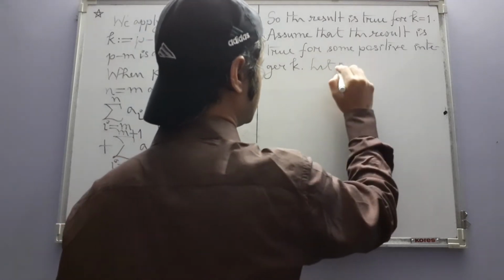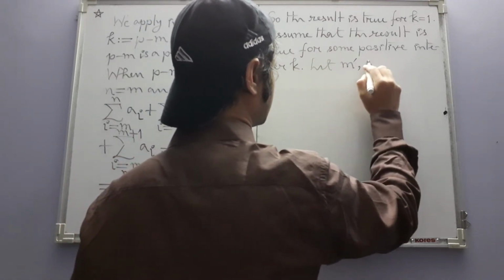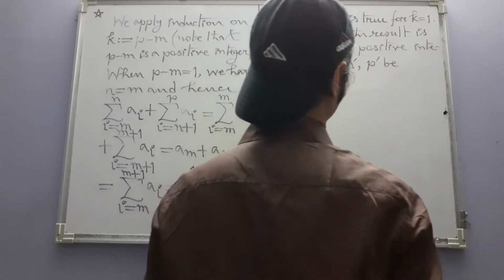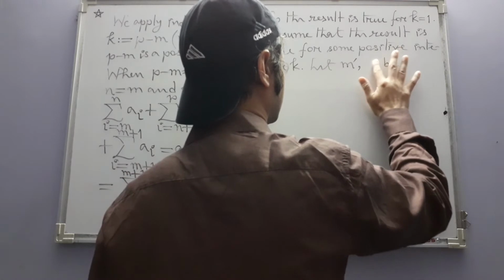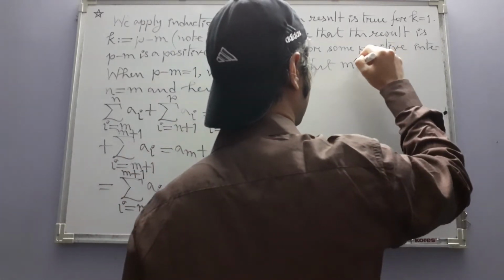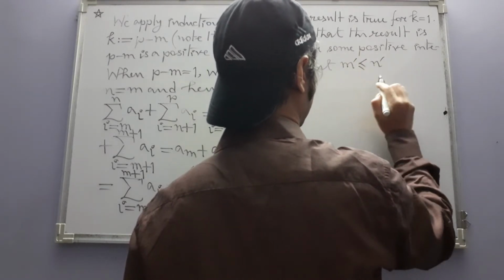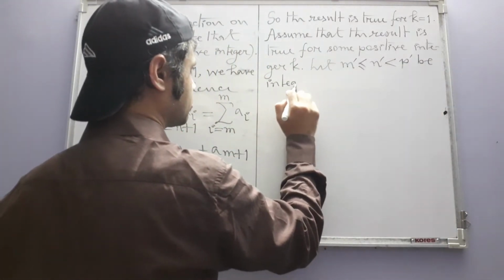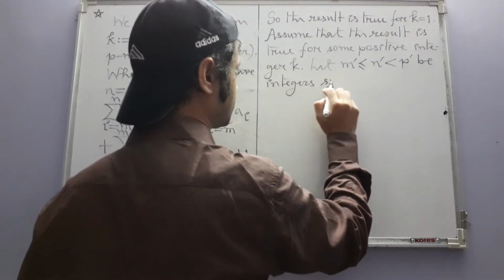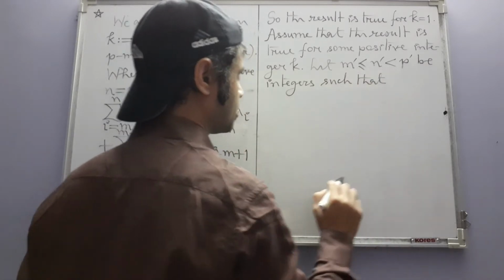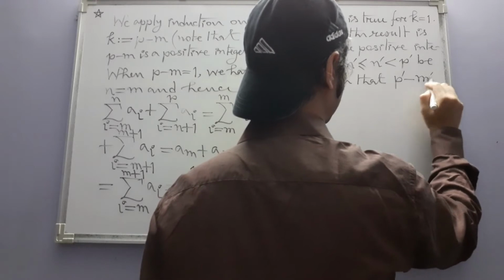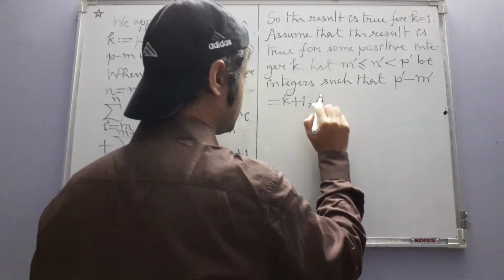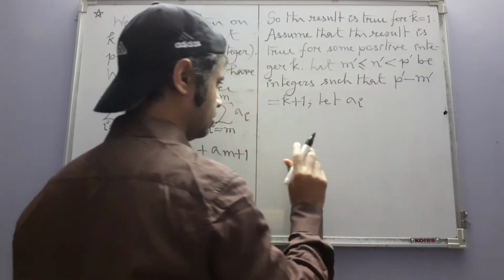Let m prime, p prime be, or okay, let me write like this, m prime less than or equal to n prime less than p prime be integers such that p prime minus m prime is k plus 1.